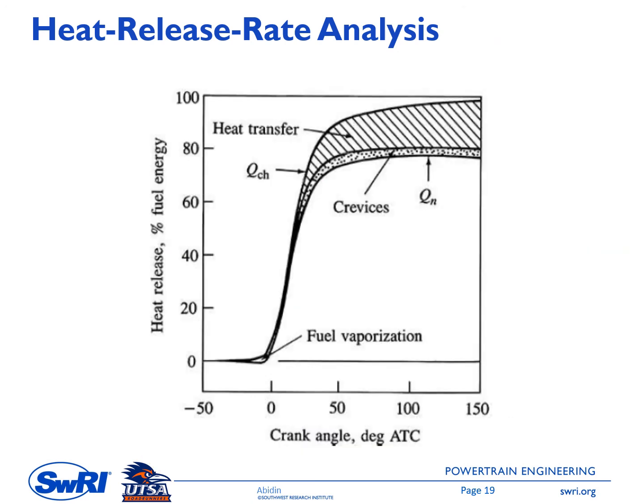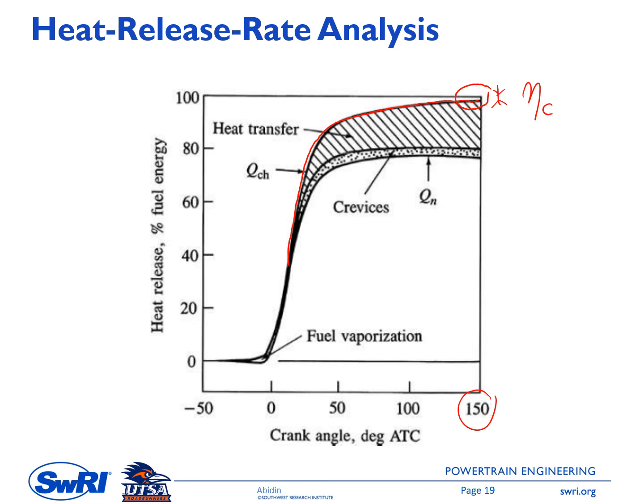This picture shows an example of the integrated heat release rate. At the very top here you have the chemical heat release rate. You can see at the end, assuming this is the exhaust valve opening, it doesn't reach 100%, and the difference is due to the combustion efficiency.